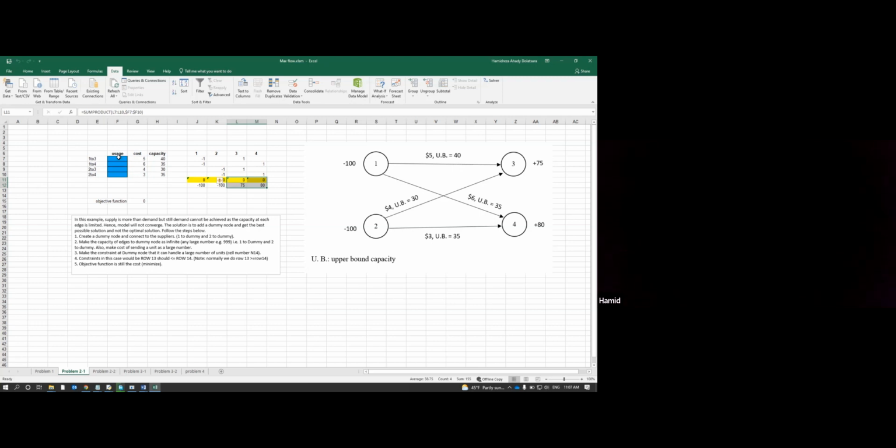Also, we have some decision variables associated with capacity, so our decision variable should be less than our capacity. If you look at the Solver, for some reason my Excel is very slow.